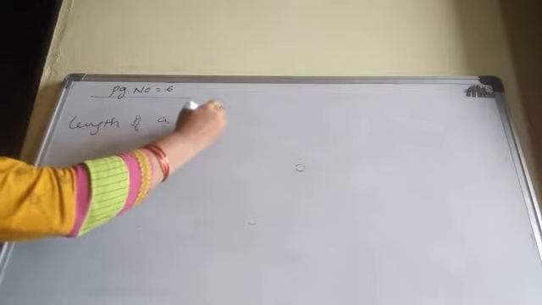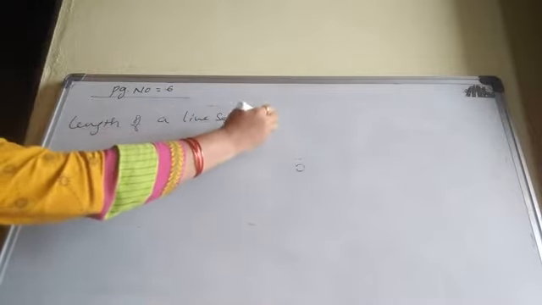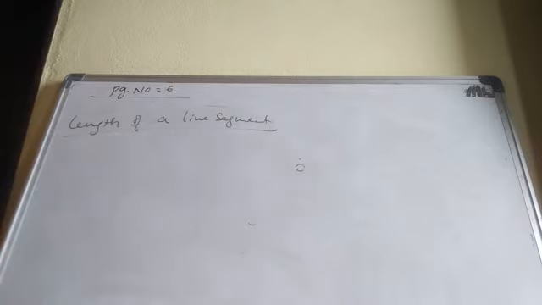Next definition is what? Length of a line segment. Length means what? First we'll draw the line segment which has 2 end points. So here length means the distance between the end points.